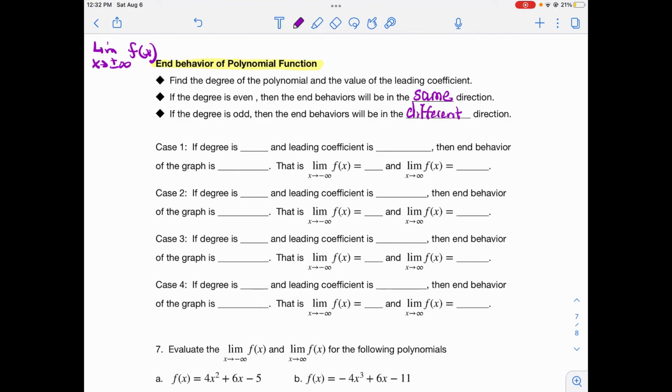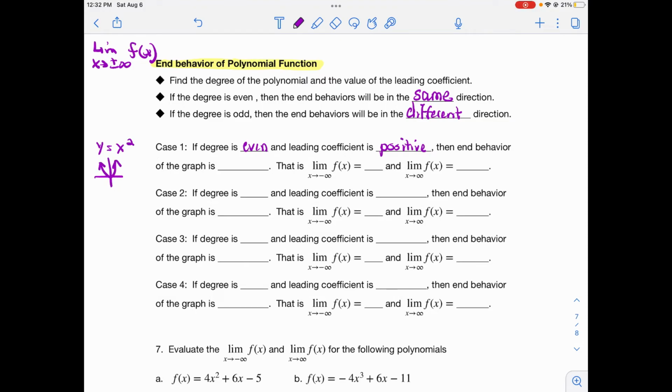So we have 4 cases. If the degree is even and the leading coefficient is positive, this polynomial will have a graph that follows y equals x squared, because y equals x squared is the simplest polynomial that has an even degree and a positive leading coefficient. We know this graph looks like this.